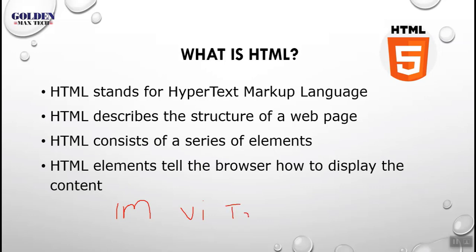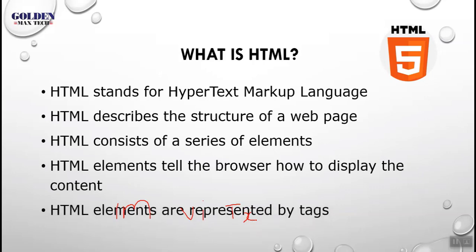So these are different elements that HTML tells the browser how to display. Okay, and this instruction is given through what we call HTML tags. All right, HTML elements are also represented by tags.